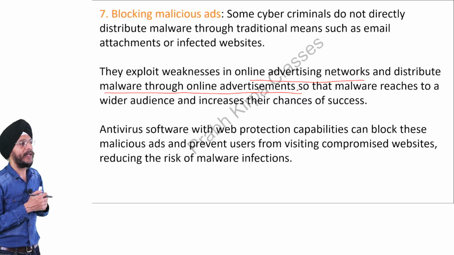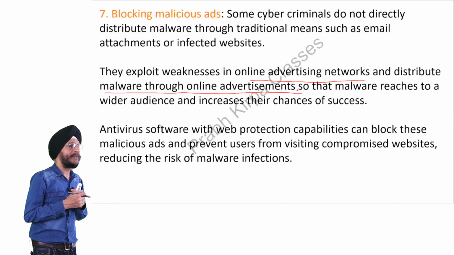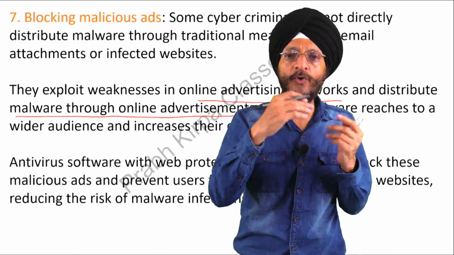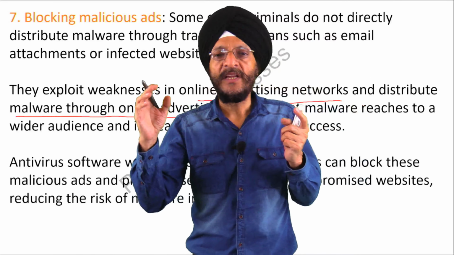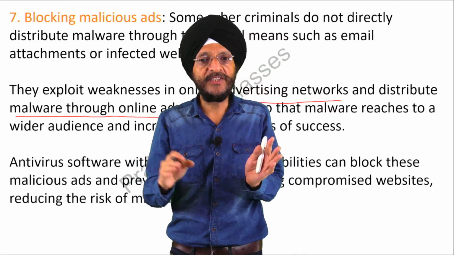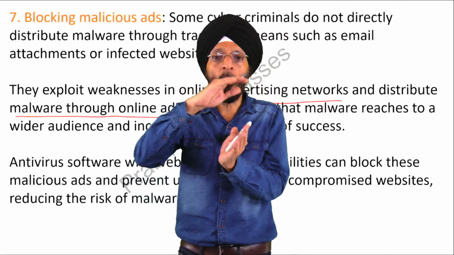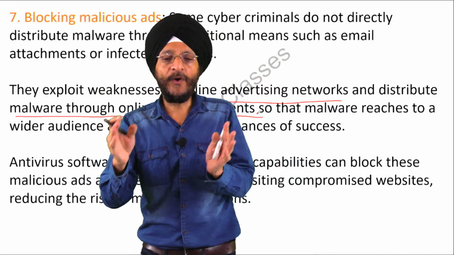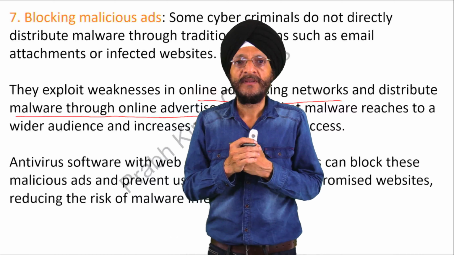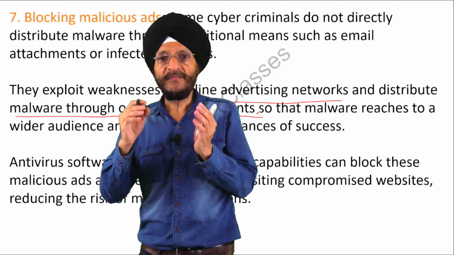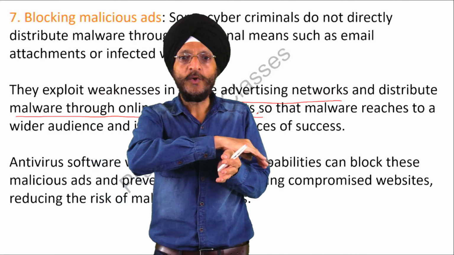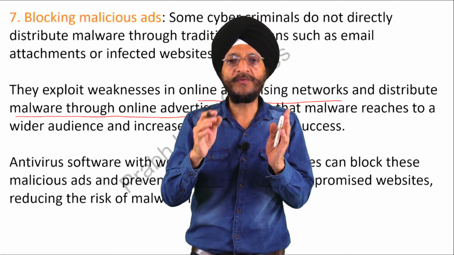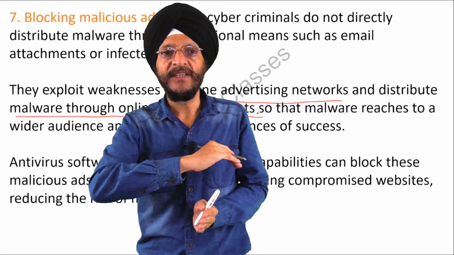In other words, some cyber criminals do not distribute malicious software through emails or infected websites. They distribute it through online advertisements, because by way of online advertisements, the malware is in a position to reach a large audience, and the chances of success of the cyber attacks increase.